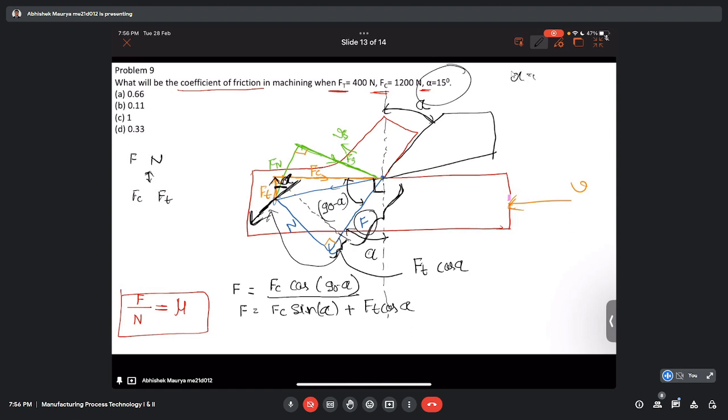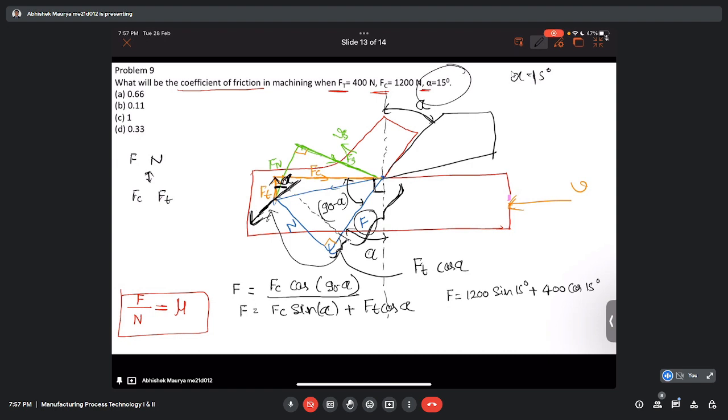Already we know alpha is 15 degrees. Now we will substitute. F is equal to Fc sin alpha, where Fc is 1200 newtons, so sin 15 degrees, plus Ft, which is 400 newtons, cos 15 degrees.